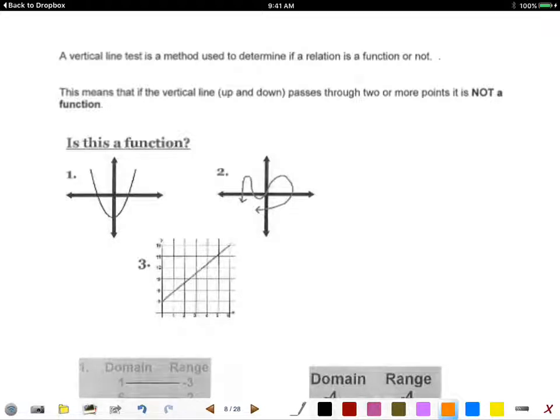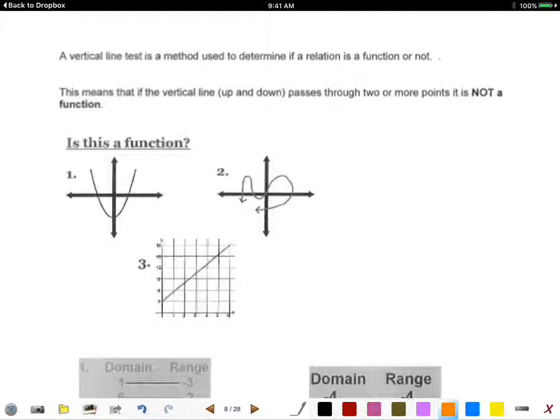This graph is called a parabola. Doesn't matter where we put it, it's only going to hit in one location. That means every x value, no matter where you put it along the x-axis, only has one y value.